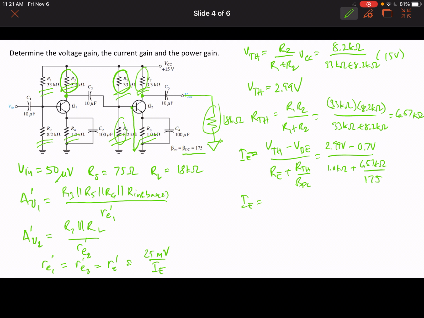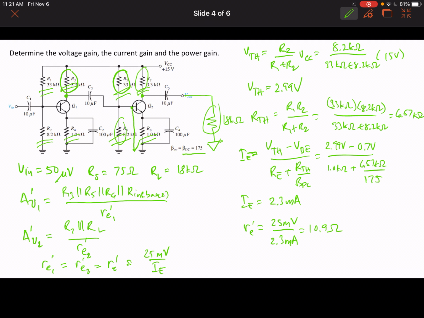This gives us an IE of 2.3 milliamperes. Okay, and now that we know IE, we can solve for RE prime. And RE prime is 25 millivolts divided by 2.3 milliamperes, which is equal to 10.9 ohms.